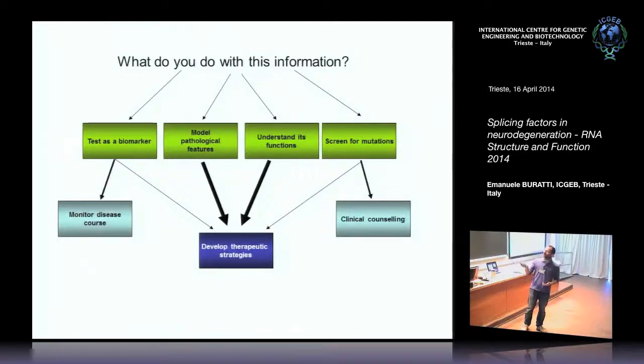And also, once you have a name, you can screen for mutations. They don't occur very often in Tdp-43, but they do. If you screen a population that you think is at risk for mutations in this protein, you can use this information to realize which people you should look at more carefully to see if they're going to develop the disease.